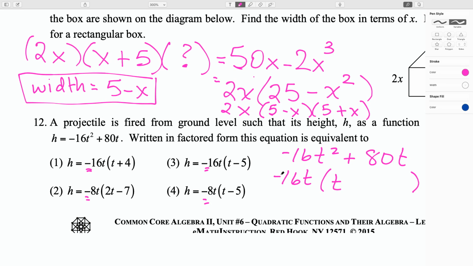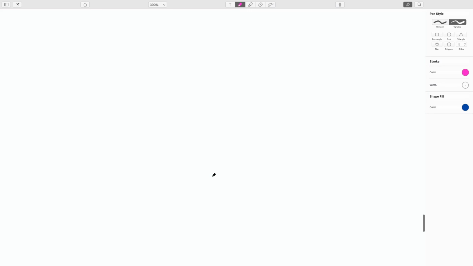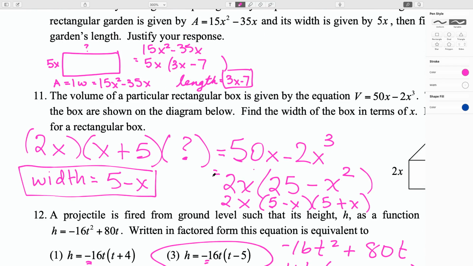And what do I need to multiply negative 16t by to get a positive 80t? Well, a negative times a negative will get me a positive. And I just divided and I got 5 over there. So the answer will be choice 3. And we're done. I hope this was helpful.